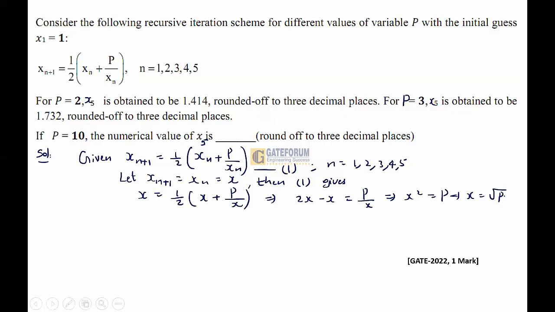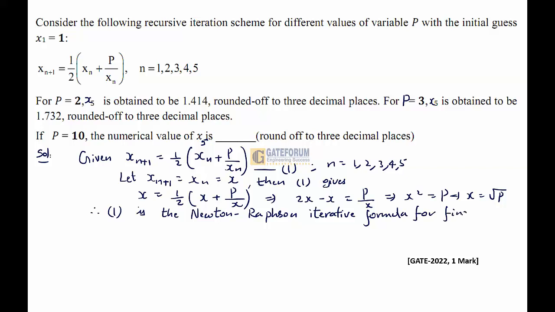If you refer to Newton-Raphson method, therefore equation 1 is the Newton-Raphson iterative formula for finding the square root of p, where p is a value.